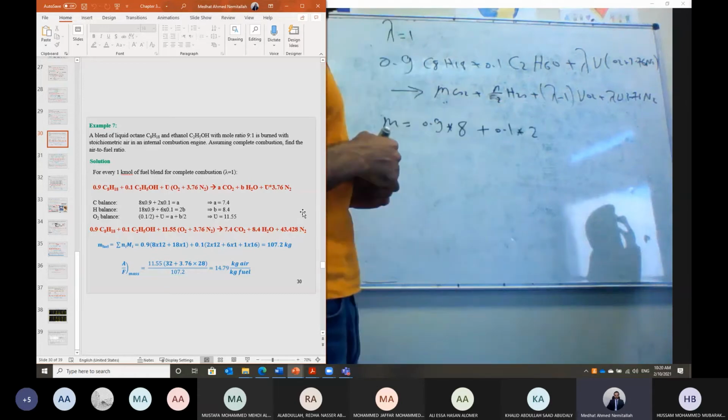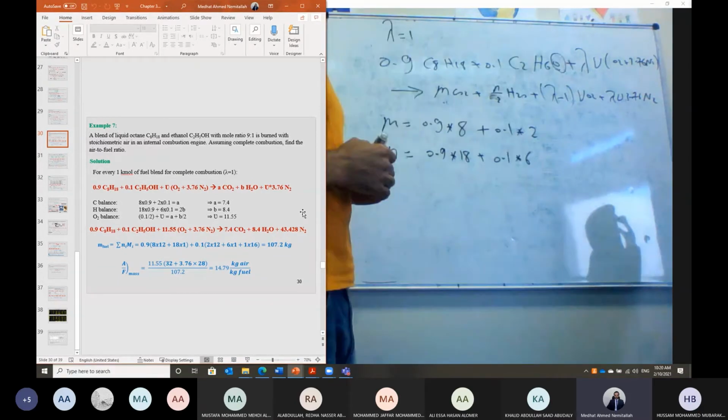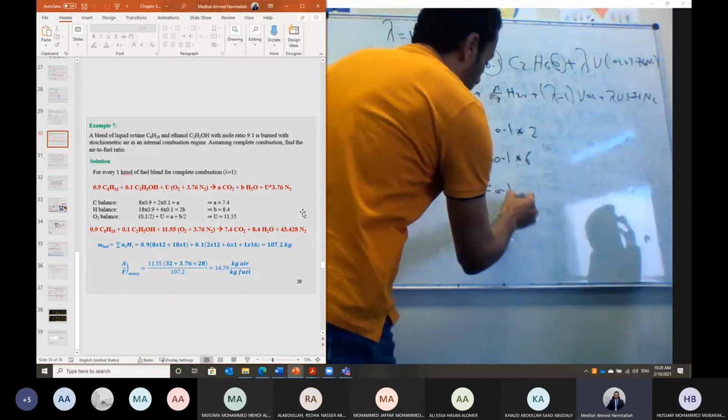This is M. The number of hydrogen atoms will equal 0.9 multiplied by 18 plus 0.1 multiplied by 6. But don't forget, guys, that in this case we have alcohol fuel. We have oxygen. So in this case we have to calculate Z. Z will equal 0.1 multiplied by the number of oxygen atoms, which is 1. So Z in this case will equal 0.1.